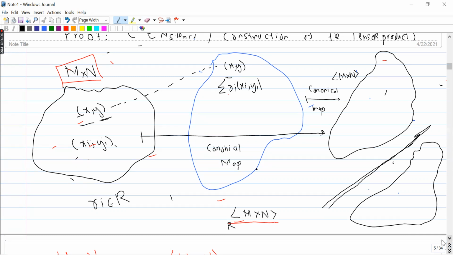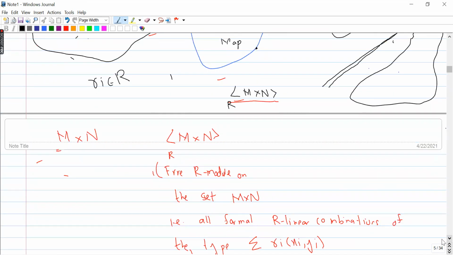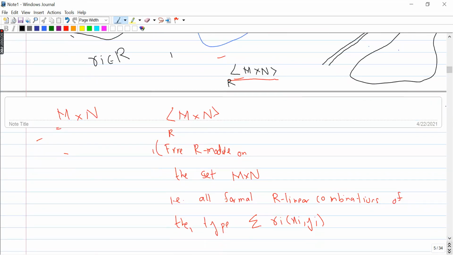सो इसको आप इस तरह से लिख सकते हैं कि यहाँ पे मैं क्या करूँगा, M क्रॉस N का ये जो मैंने लीनियर कॉम्बिनेशंस बनाए थे इनका एक मैं क्वोशंट मॉड्यूल लेना चाह रहा हूँ, लेट्स से विद सम सब मॉड्यूल S. So we know that there exists a canonical map from M cross N to this thing. And what is a canonical map?